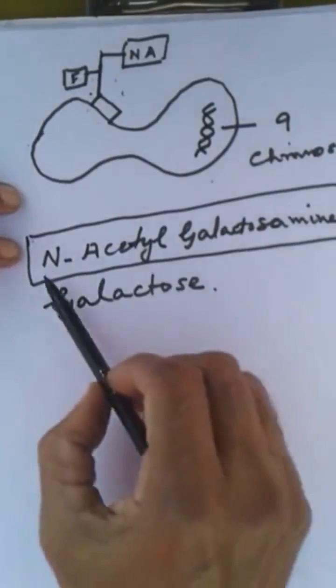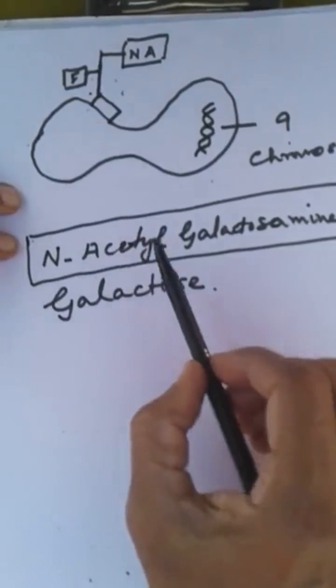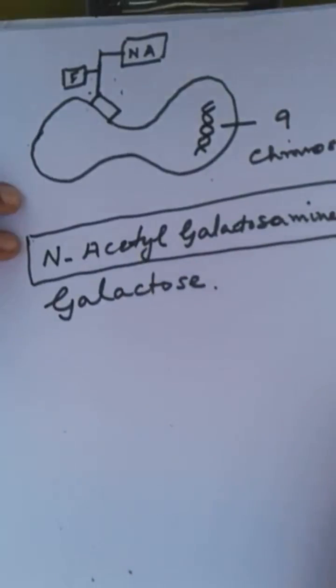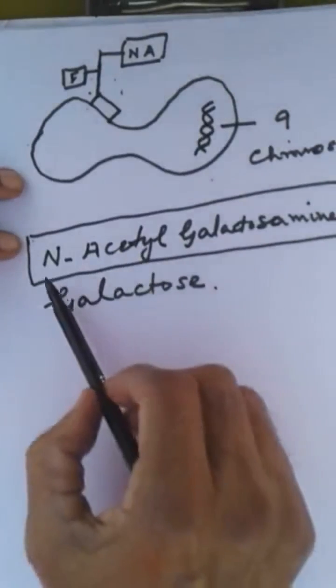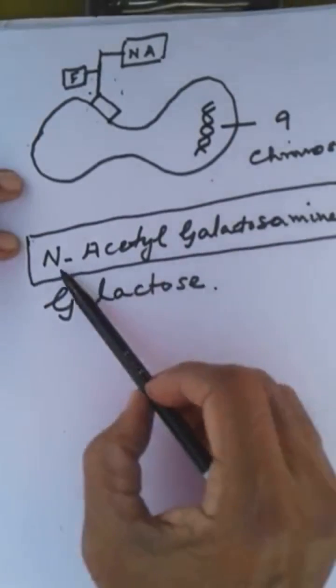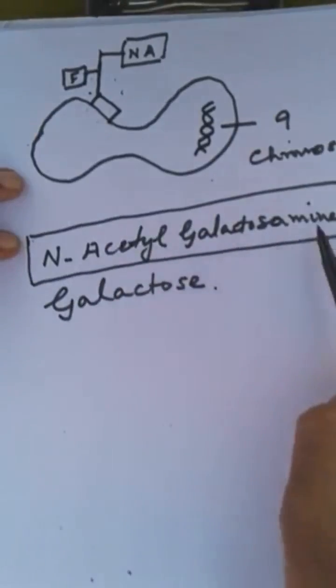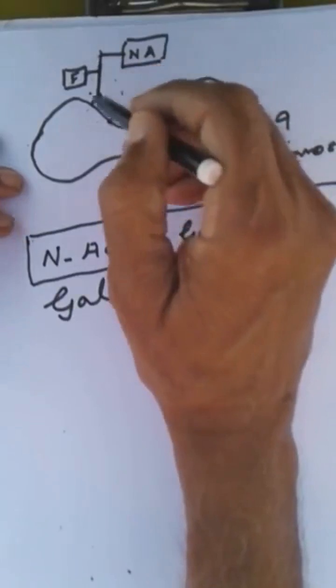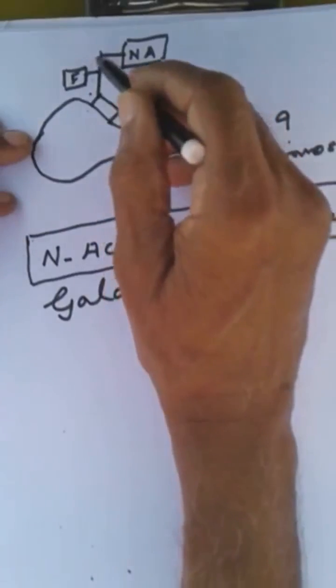It will be N-acetyl galactosamine transferase. That enzyme is taking this N-acetyl galactosamine and attaching it to this H substance.